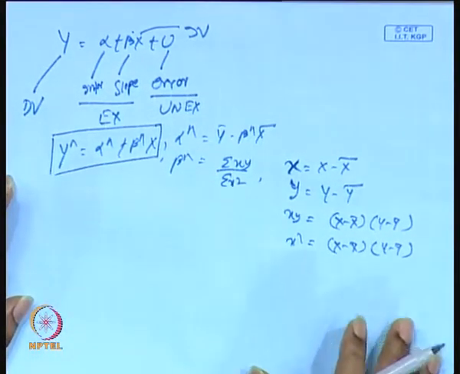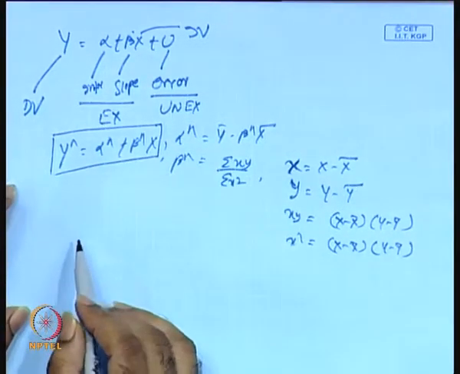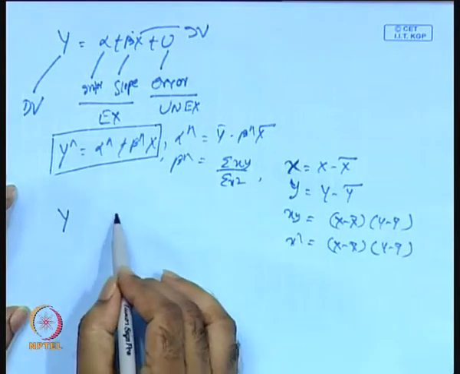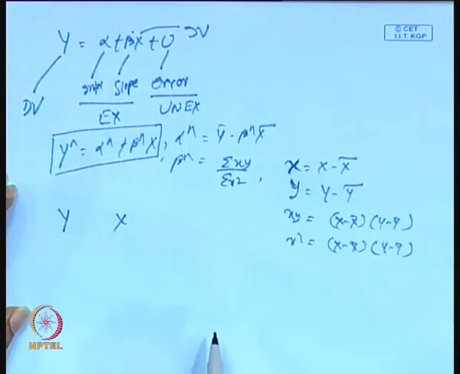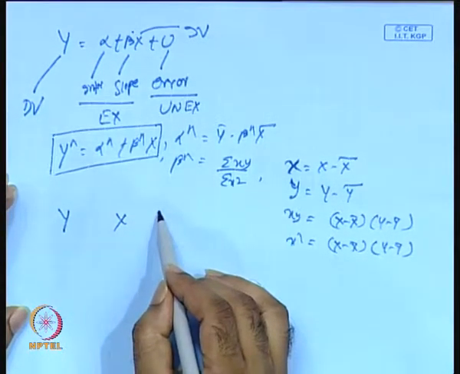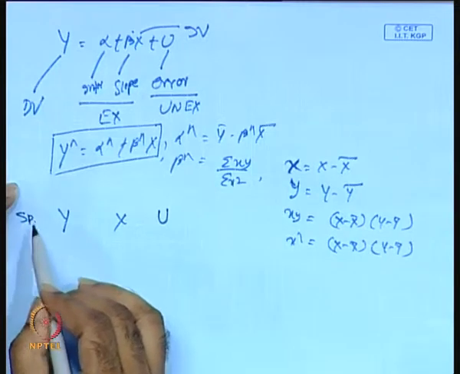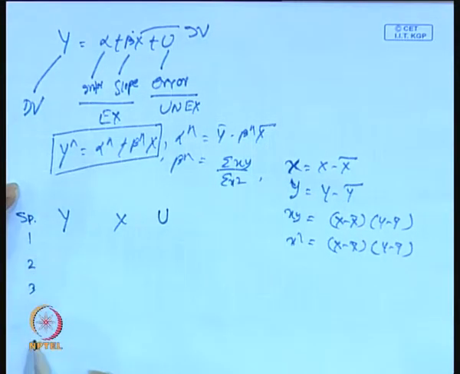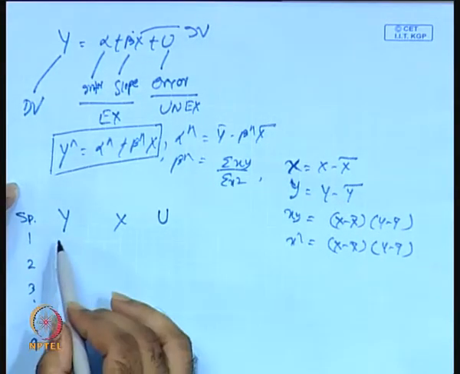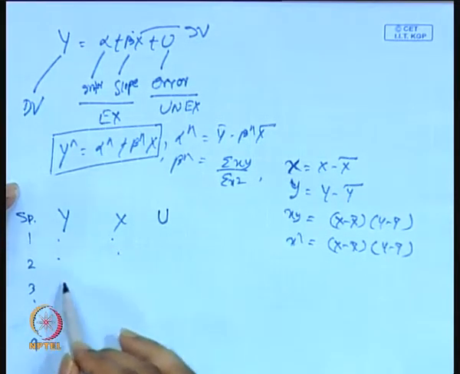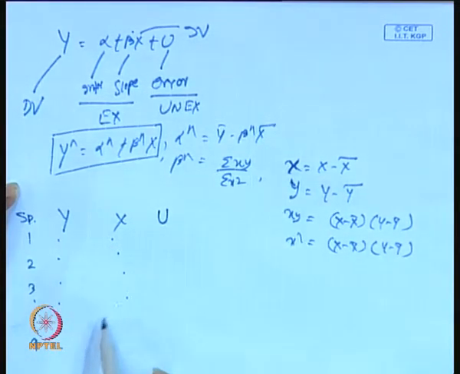Now you see here, the original structure is that we start with y and x only. By the way, we will get a u component here, or you can say an error component. This is the sample point, 1, 2, 3 up to 9. For every item you must have some observations.